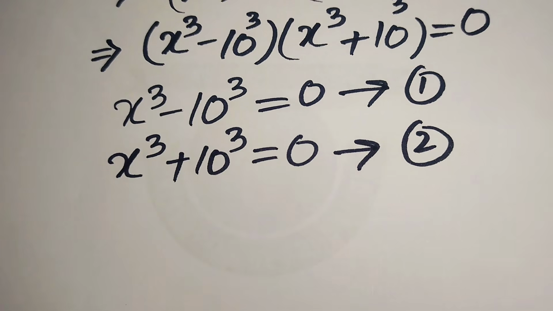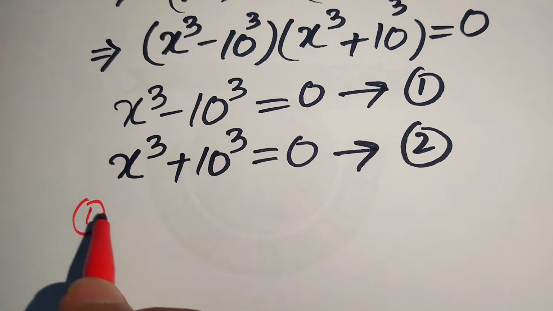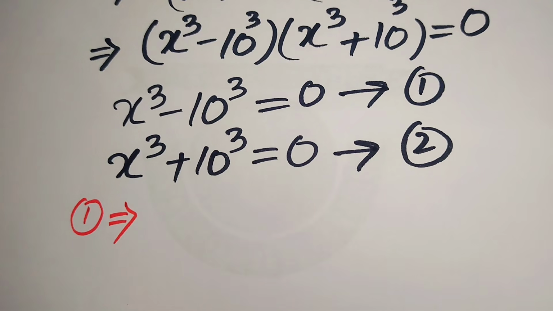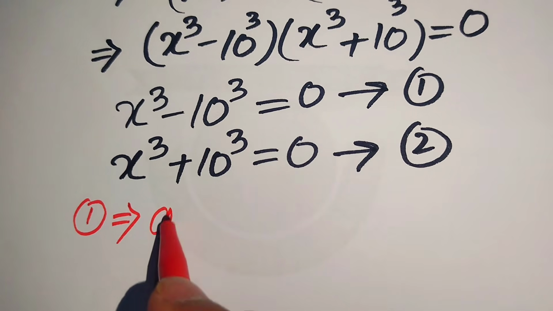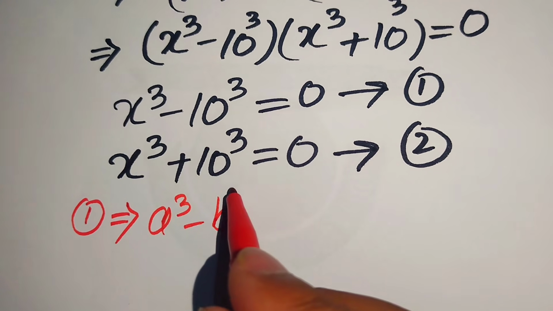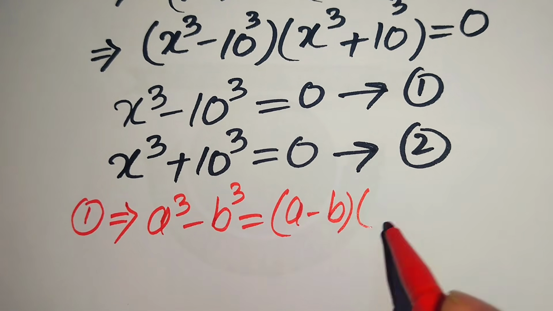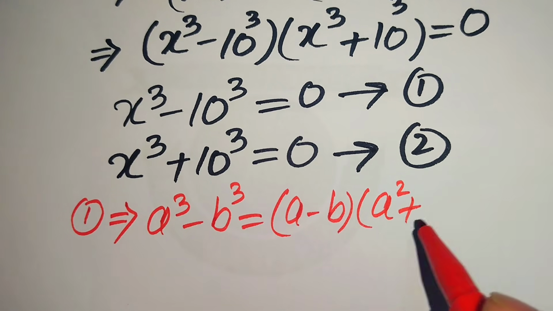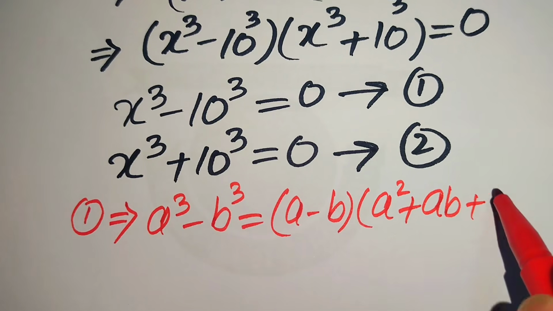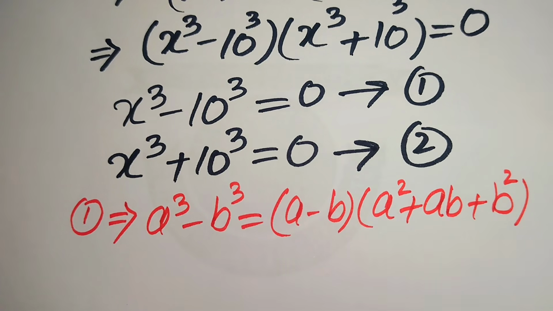But now in equation number 1, we use the nice cubic formula: a^3 - b^3 = (a - b)(a^2 + ab + b^2).